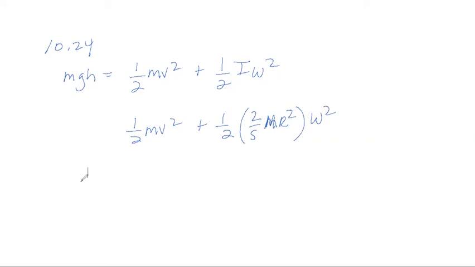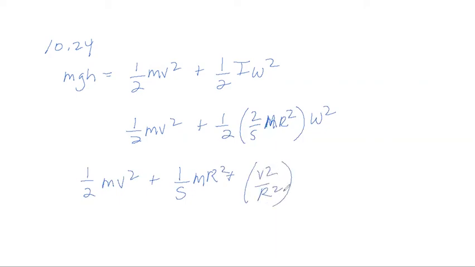So this is 1/2 mv squared plus 1/5 mr squared times v squared over r squared.